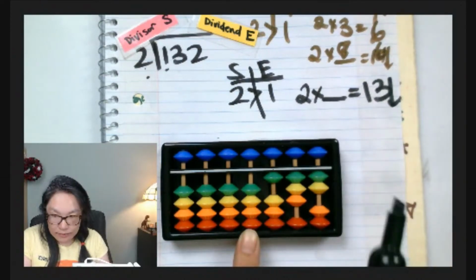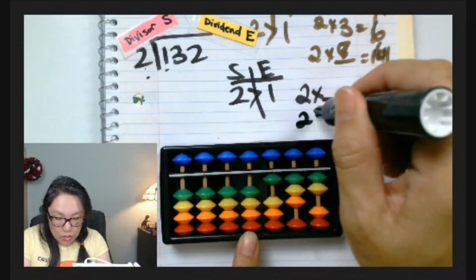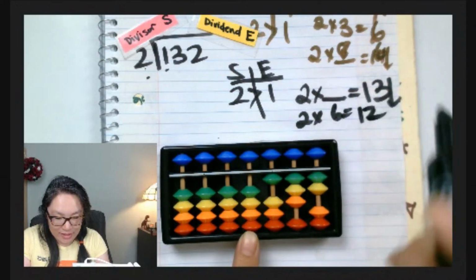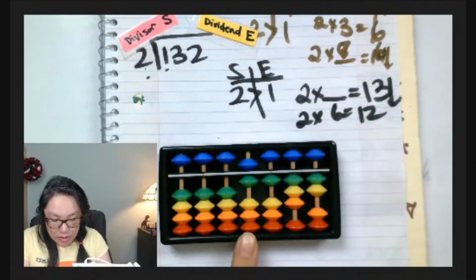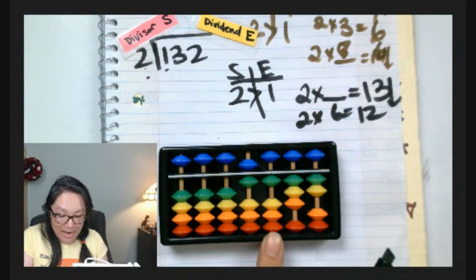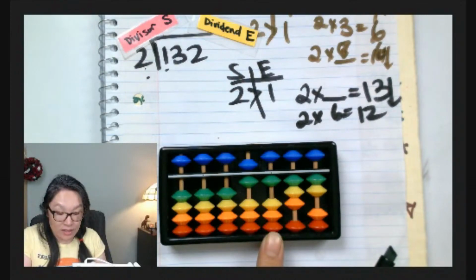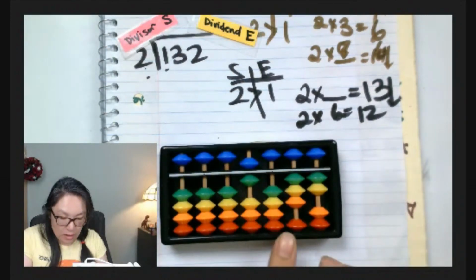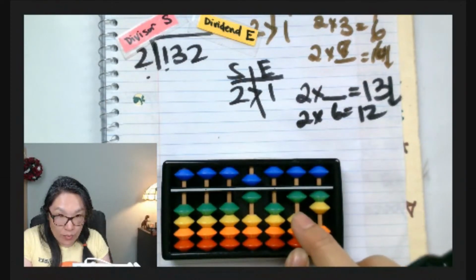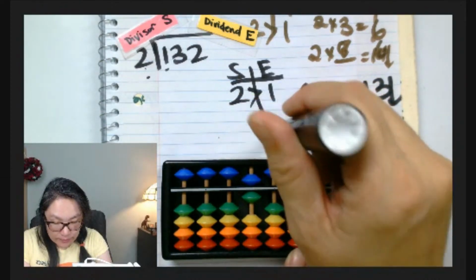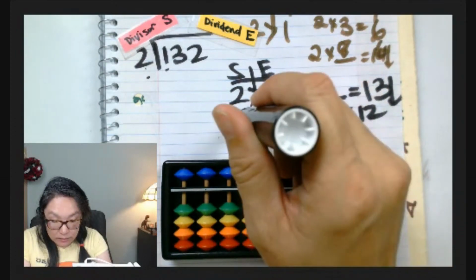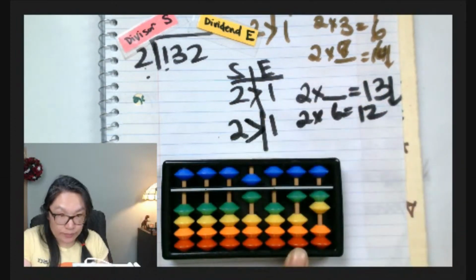So the question is now, 2 times what is equal to 13 or less? 2 times 6? Yes, thank you. 2 times 6 is equal to 12. So I put 6 here, and then I take away 12: minus 1, minus 2. And now I'm back again. My dividend is 1, my divisor is 2.